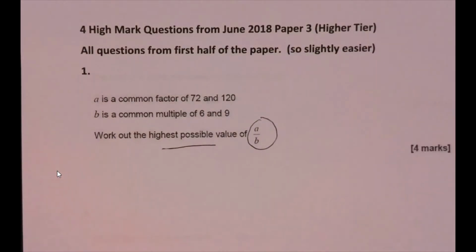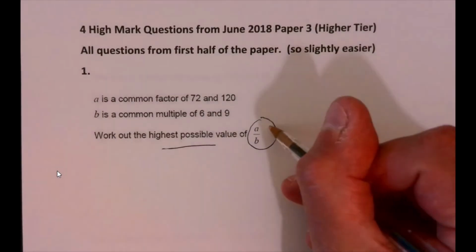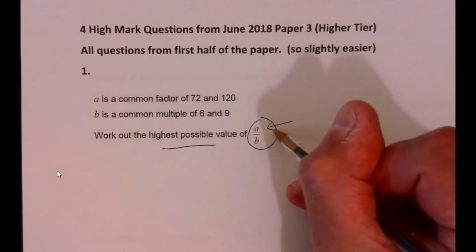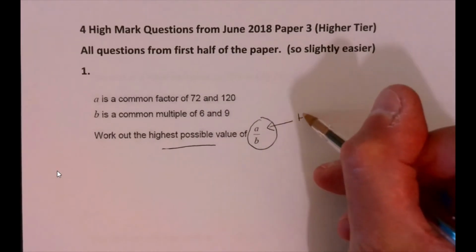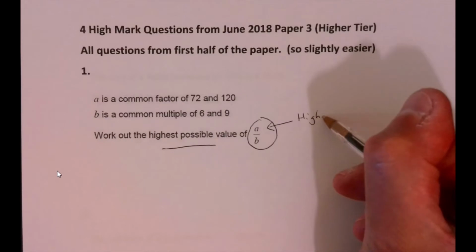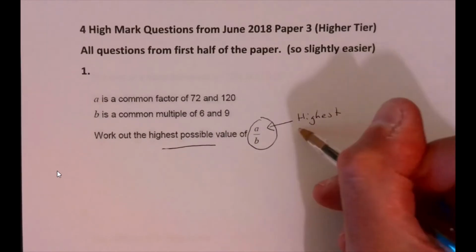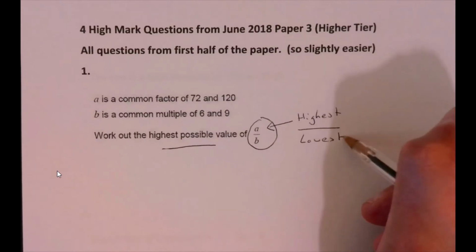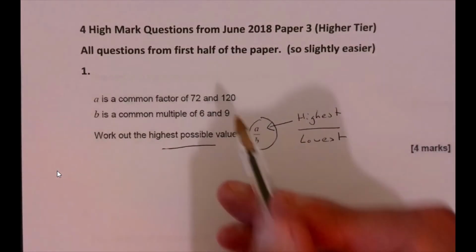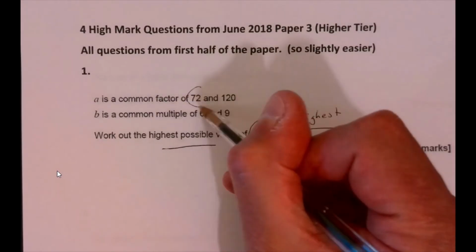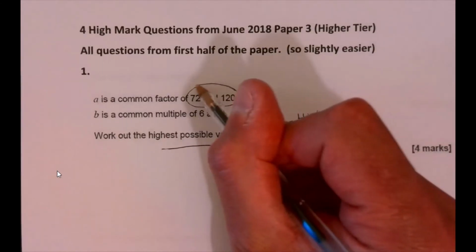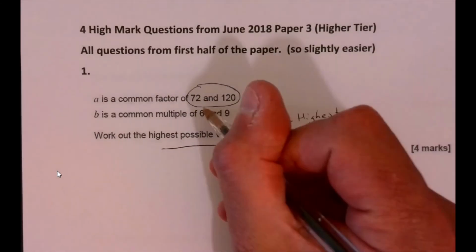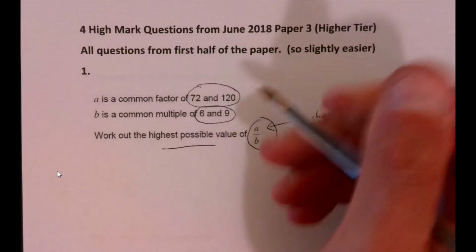To get the highest answer when I divide by something, I want the highest over the lowest. So in other words, it's asking me to get the highest common factor and the lowest common multiple.